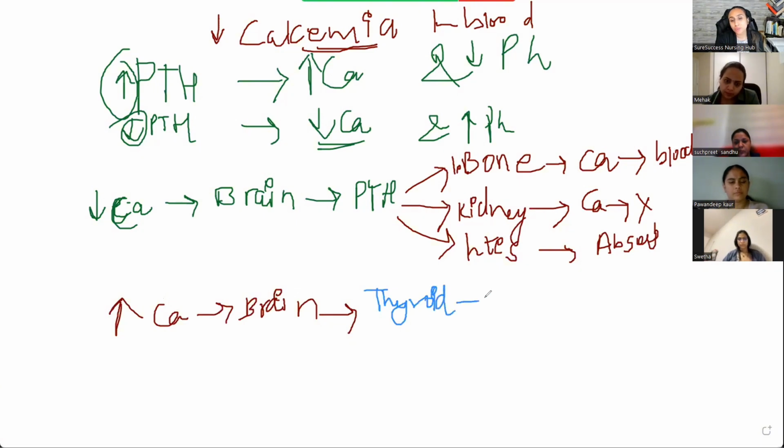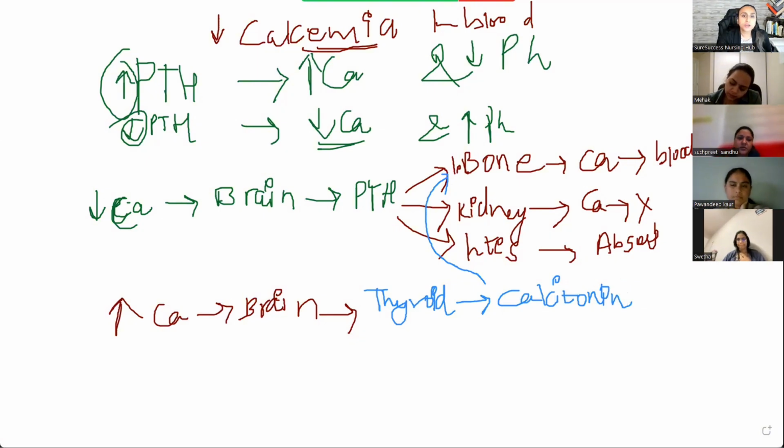Remember, thyroid also produces calcitonin. And calcitonin will decrease the calcium. How will it decrease the calcium? The calcium will go back to the bones. Understood? All right, now let's discuss.